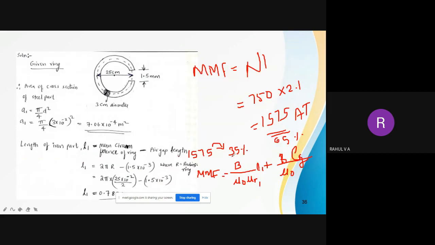We have already calculated the total magnetomotive force, that is 1575, and out of this 1575, 35% is for the iron part.